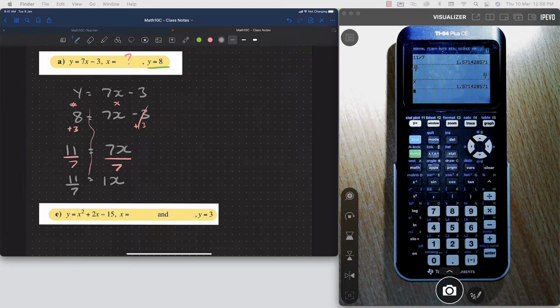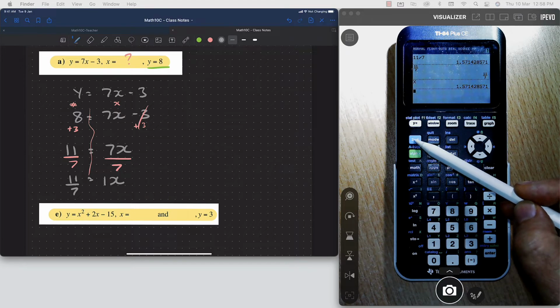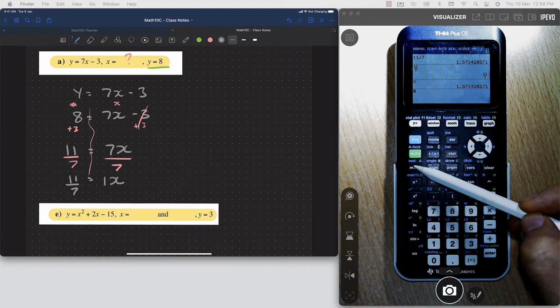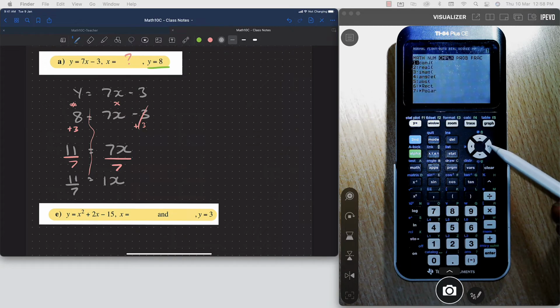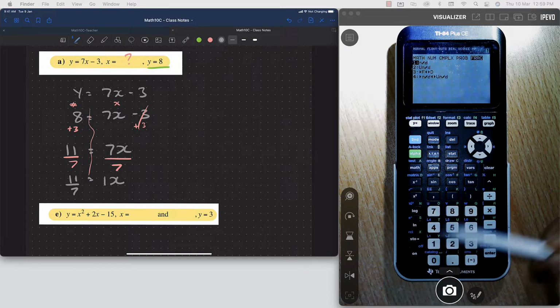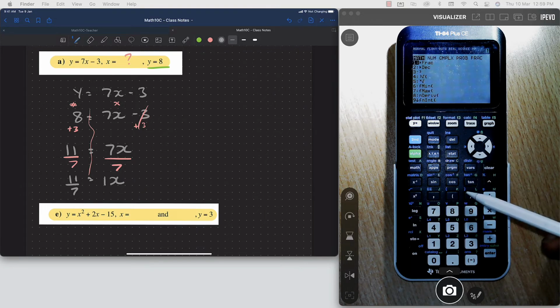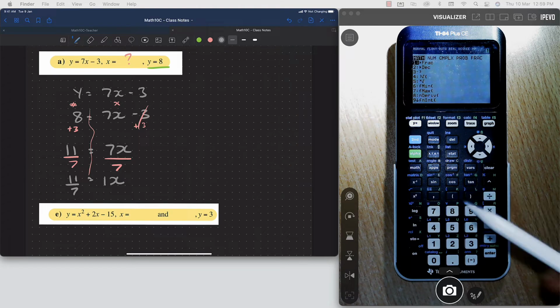Okay, so in this case, what you're going to want to do is go to math, and move over to the fraction right here. And this number 1 is, no, I'm in the wrong spot. Sorry, wrong spot. I want to be in the math and just hit 1. So it's basically saying arrow fraction.